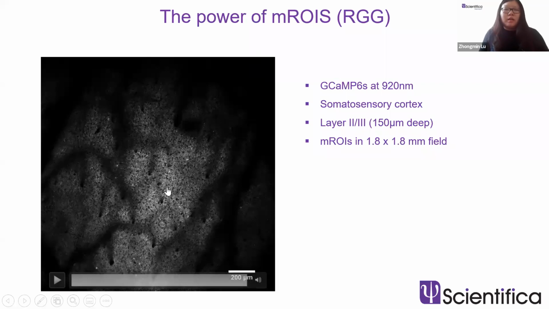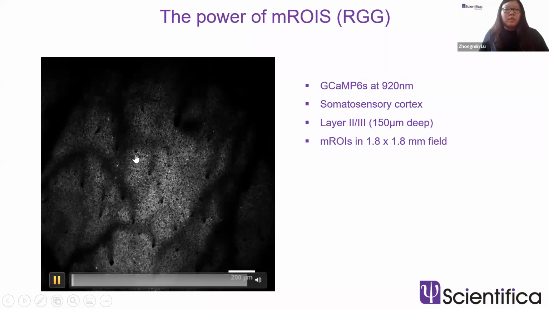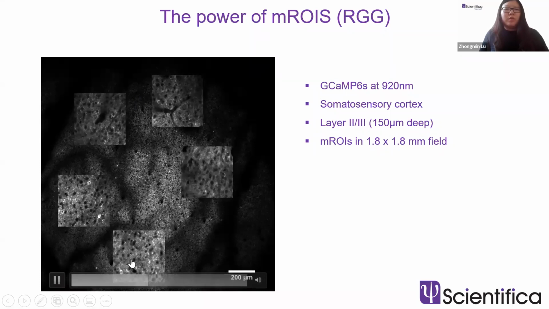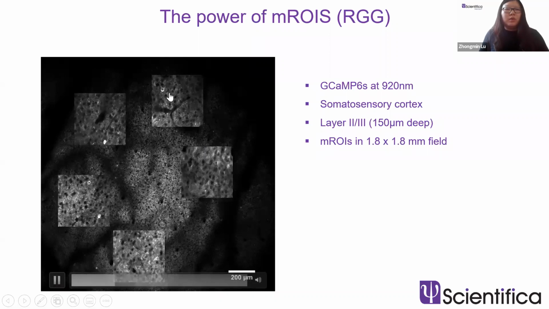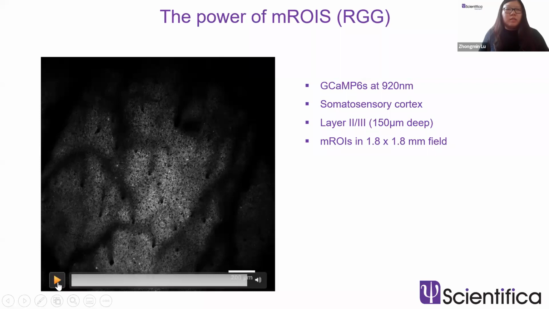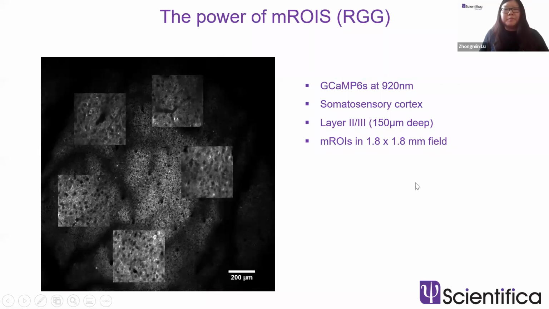Then you notice that some of the subregions have demonstrated very interesting activity patterns. You can have your software control it to do, for example, five subregions scanning, and this is really cool. And you can still resolve the details of calcium dynamics in these fine processes.